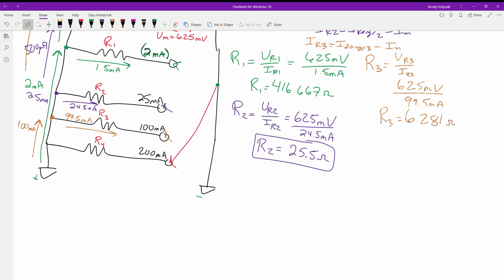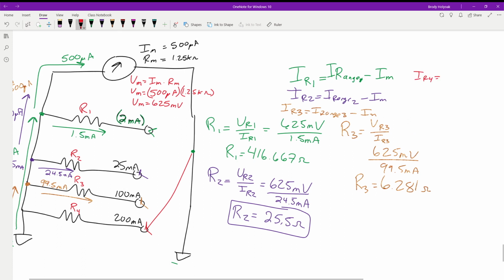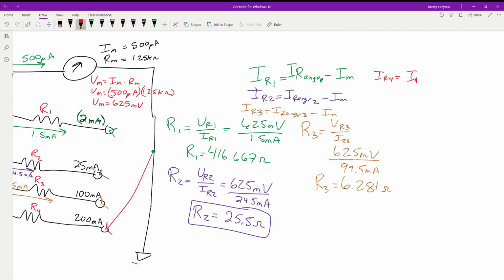So again, we're going to find IR4 is equal to I range 4 minus the current going through our meter. So same steps.